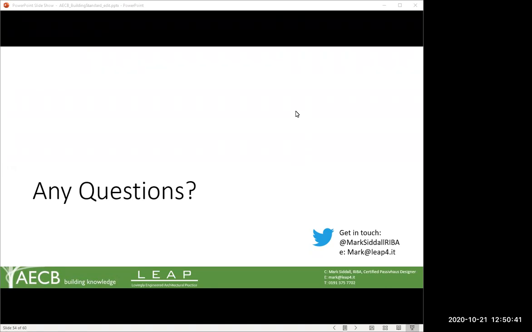Brilliant. Okay. And this is from David Moore. In order to comply with the AECB daylight factor requirements, does the AECB tool need to be used, or can other third-party software such as Dialux be used, i.e. is it admissible? Yeah.